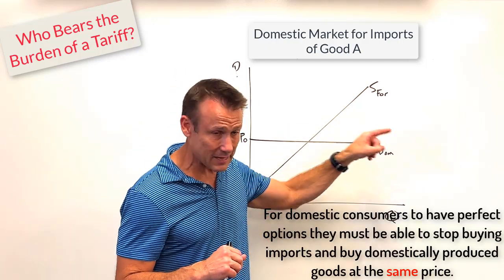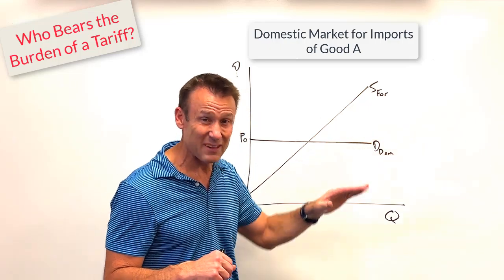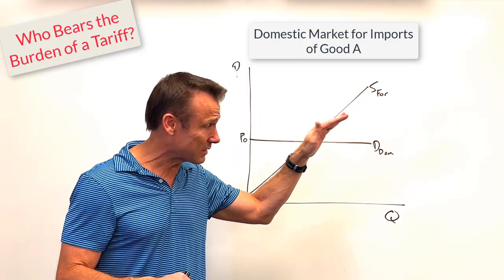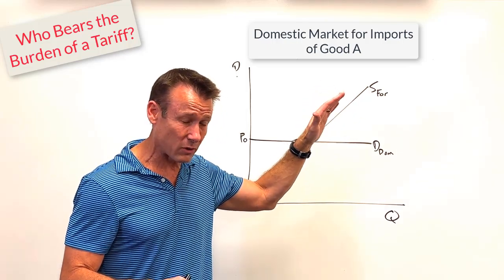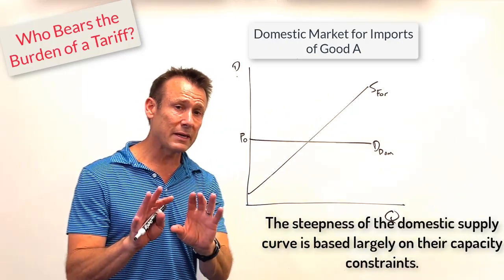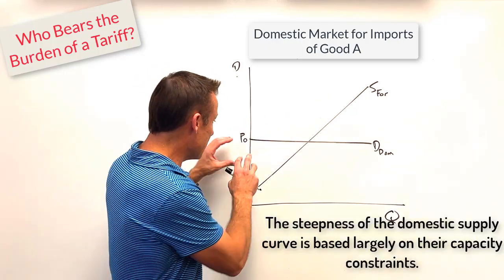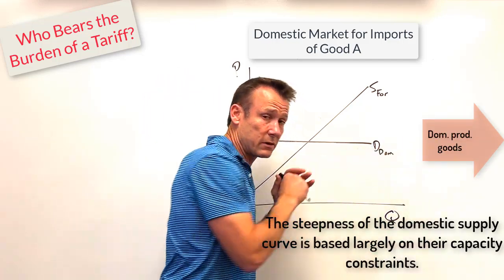But that's not what's going to happen. There's going to be capacity constraints over there, okay? The supply domestic curve is also going to be upward sloping because of the capacity constraints. And it might be quite vertical, or not vertical, but quite steep, okay? And so what we need to think about here is if they try to raise the price at all, yes, there's going to be a desire to head over to that other market.